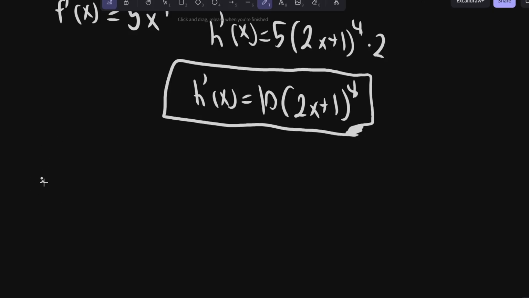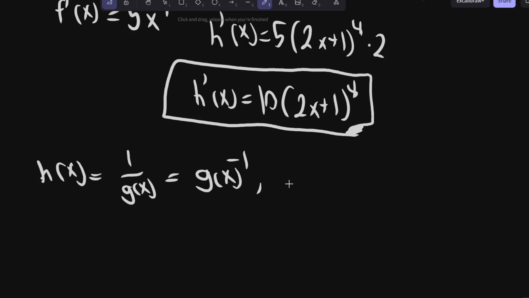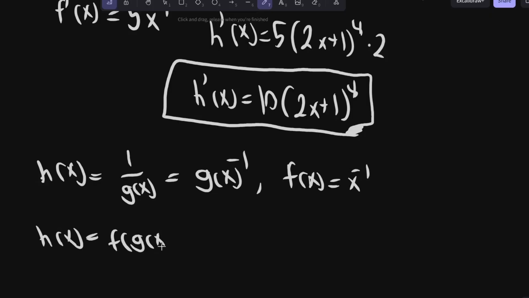Consider h of x equals 1 over g of x, right? This is g of x to the minus 1. So if f of x equals x to the minus 1, then h of x is f of g of x. Okay? Now, bam, apply the chain rule. What does the chain rule say?